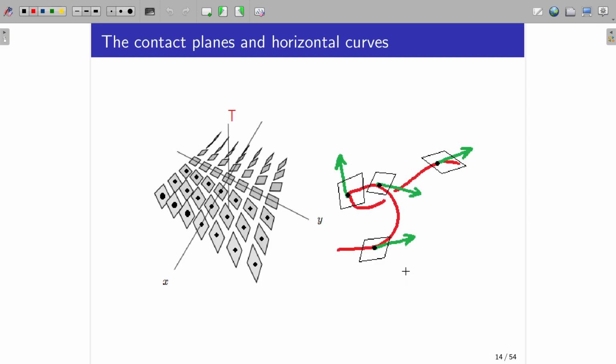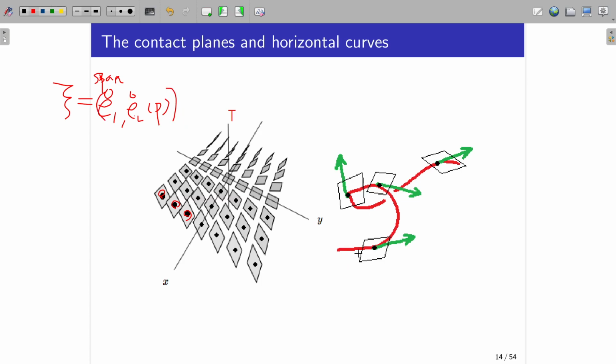Here I will illustrate the contact planes in Heisenberg group. Each plane is spanned by E10 and E20, depending on the point P. P is here, P is here. Different points have different contact planes, spanned by these two.